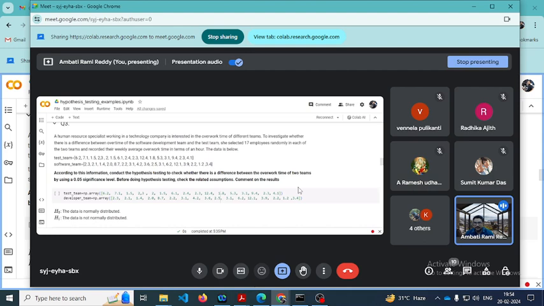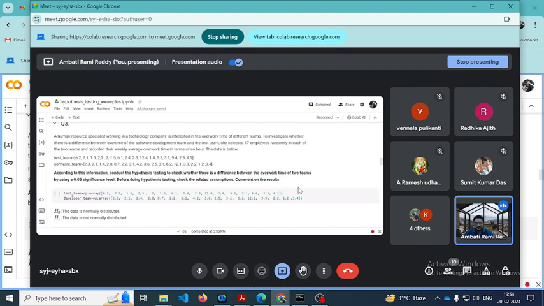You check this. If anyone is interested, to check normality, I already gave the code in the chat box. You can use that code and implement it. You can use the check normality function and check variance function. You call those functions and compute the p-value.